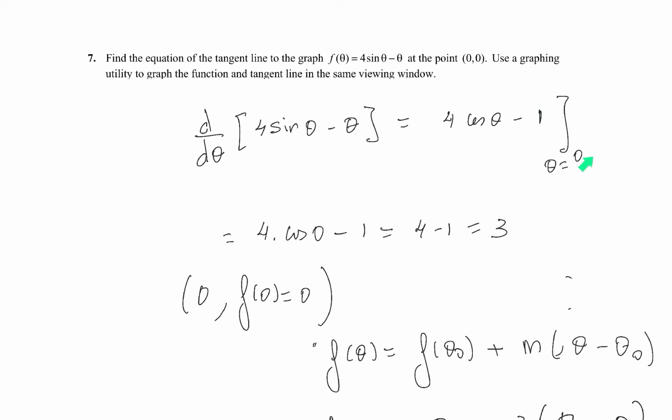We evaluate this at theta equal 0, because we need the slope at the point theta equals 0. Cosine of 0 is 1, 4 by 1 is 4, 4 minus 1 is 3. So the slope at the point theta equals 0 is 3.